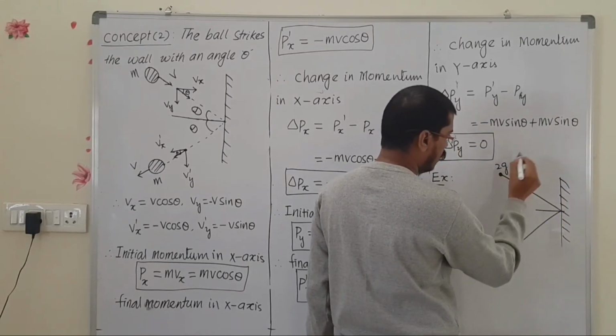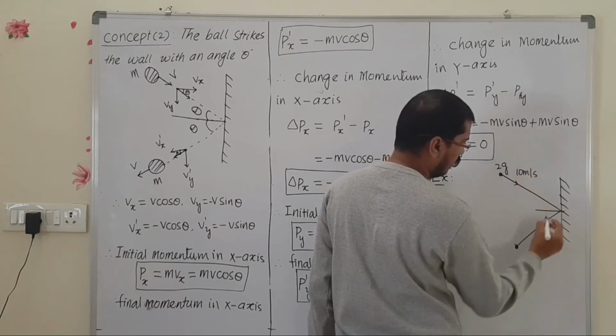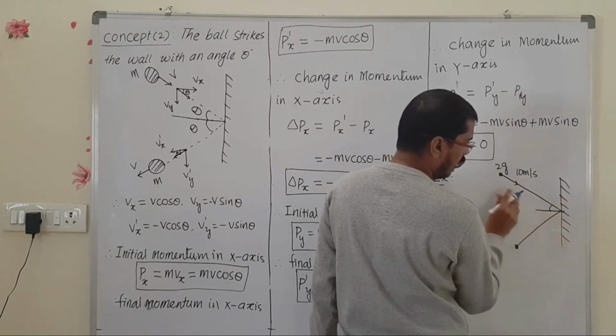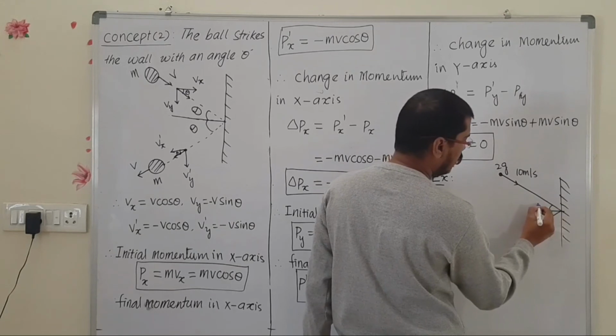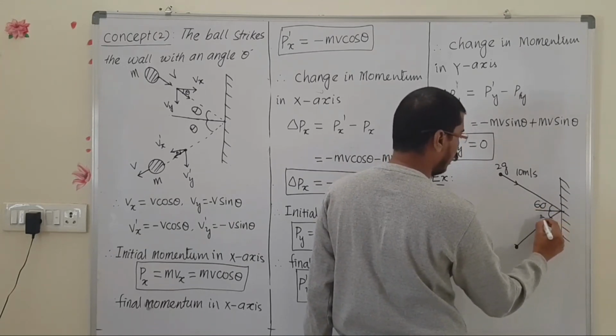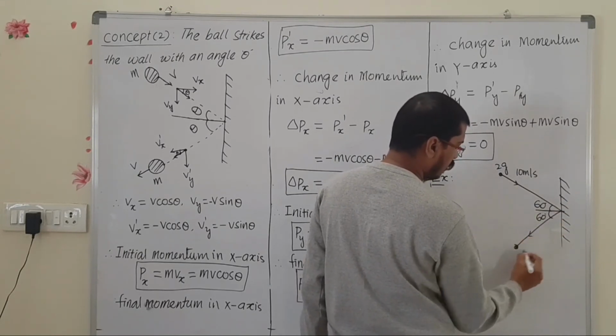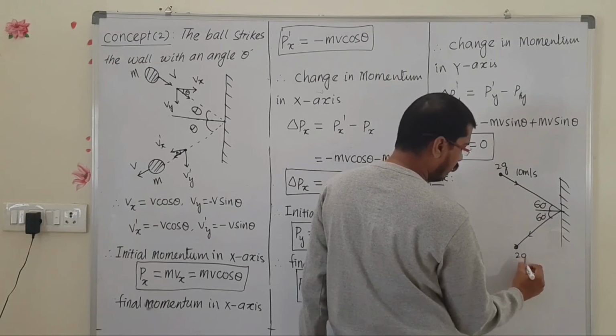This is a 2 gram ball and it moves with 10 meter per second, and the angle of incidence is 30 degree. Angle of incidence 30 means automatically the angle of reflection is also 30 degree. There is no change in velocity and mass.